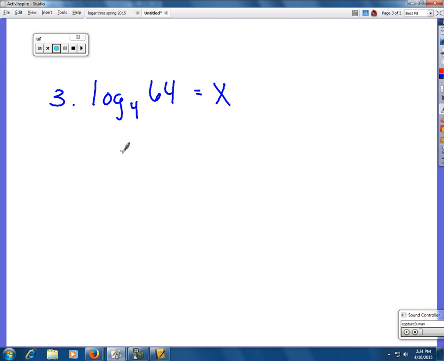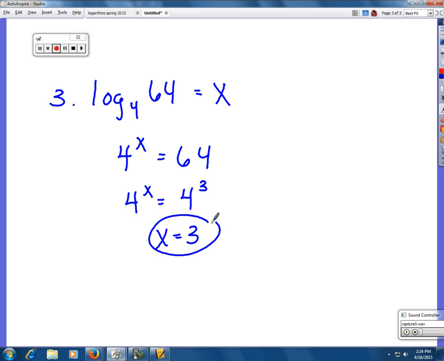So you'd put 4 to the x power equals 64. There are several ways to do this. You want to find what power of 4 is 64. We can look in our calculator, or use what we already know about powers, and we know that 4 to the third power is 64. So we replace the 64 with 4 to the third power. Now, since our bases are equal, the exponents have to be equal, which means x has to equal 3. That's number 3.